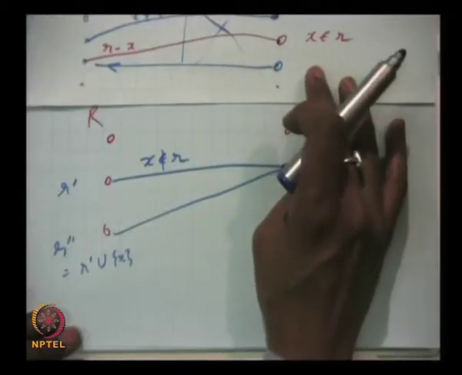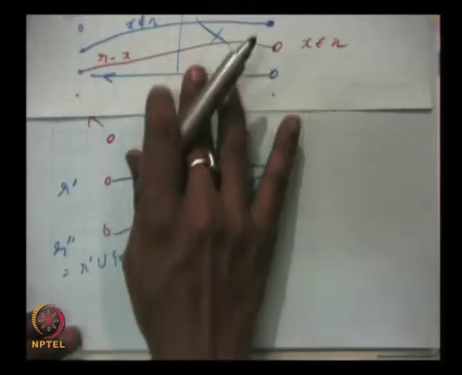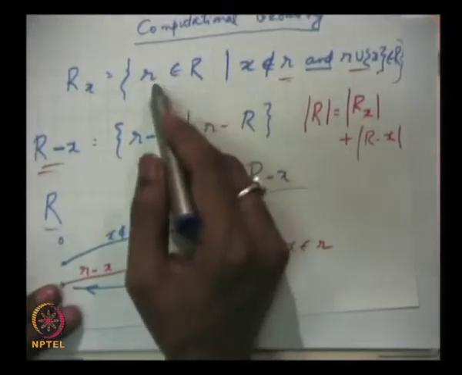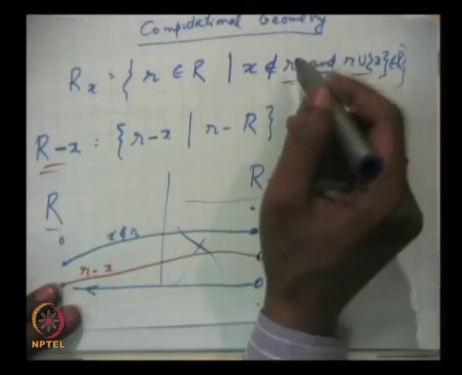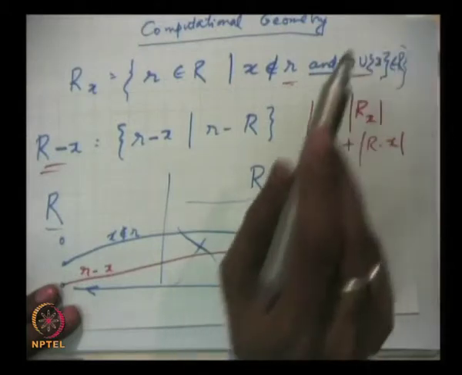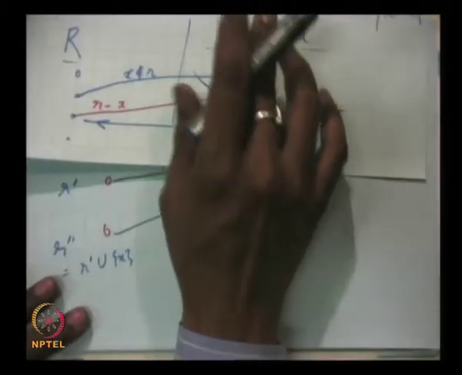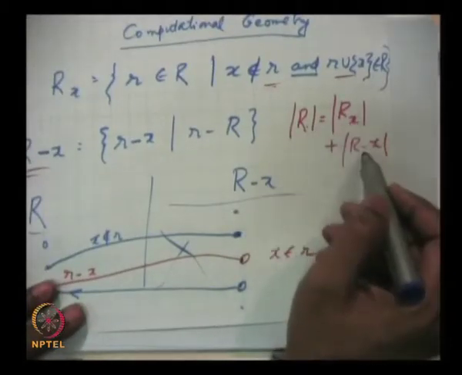So, for which sub ranges is it happening? It is happening precisely for the ranges such that x does not belong to R but R union x belongs to R. Okay. So, this range belongs to R and R union x also belongs to R, right. So, therefore, I can write this as this plus this.